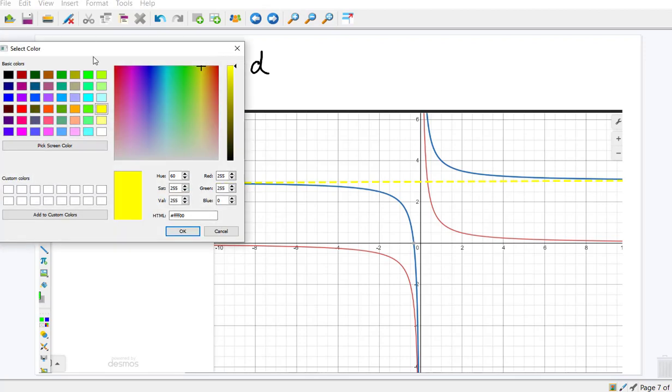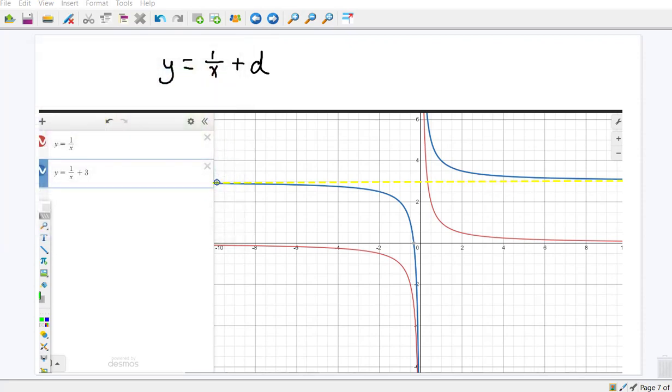Our asymptote has moved up from the original location. So here's where it was originally, and it's like I took this graph and I moved it up. But the vertical asymptote has not changed. So this one has shifted up 3 units.